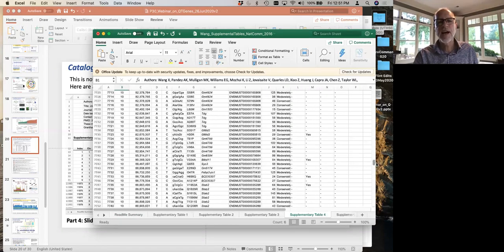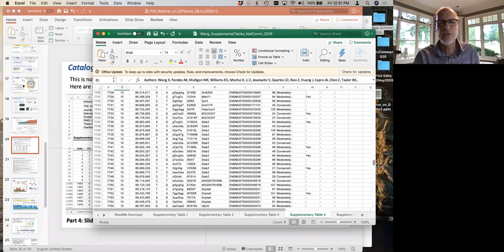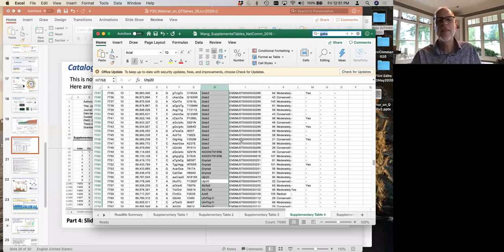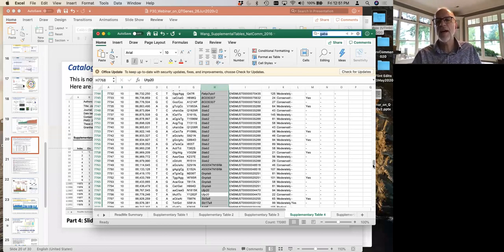So, most of you will not be interested in olfactory receptors, but you can ask a question. Do I have anything in a GABA receptor? And the answer is no. But this is really a kind of sea change in how to do reverse genetics.